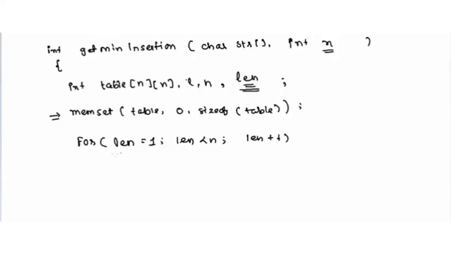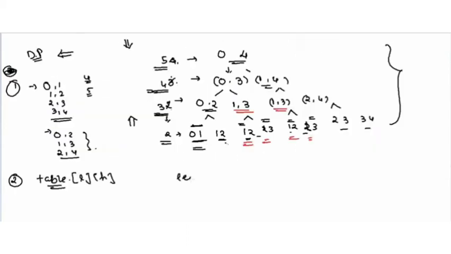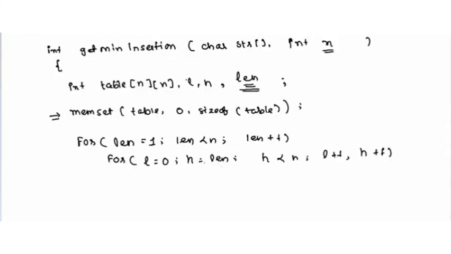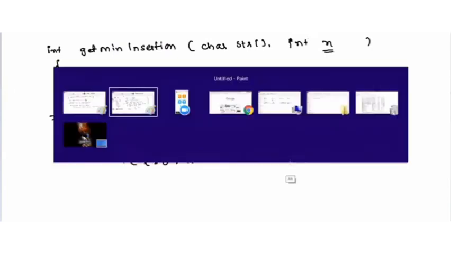Now if length equals 1, we need to fill the table such that L and H become that. So we'll write a for loop for L equal to 0 and H equal to length. H should be less than n, and L plus plus, H plus plus. If your len equals 1, you'll get L equal to 0 and H equal to 1.